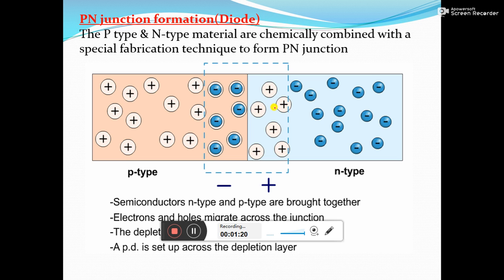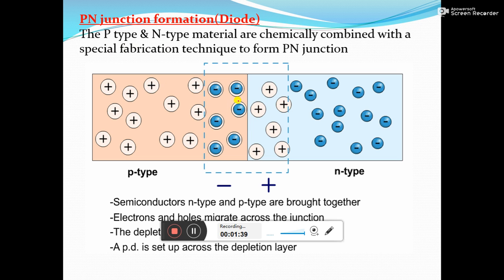Here you can see there is non-uniform doping. At the left side you can see the p-type material, and at the right the n-type material.